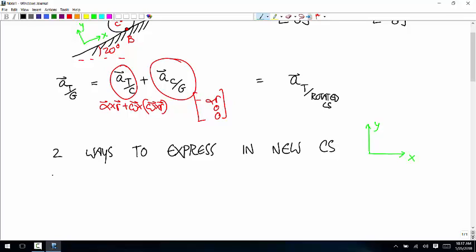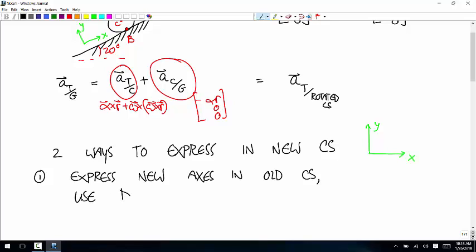The first one is express the new axes in the old coordinate system and use the dot product to find the projections.